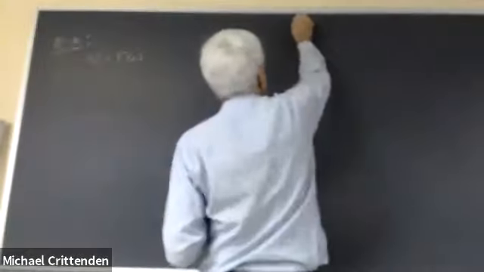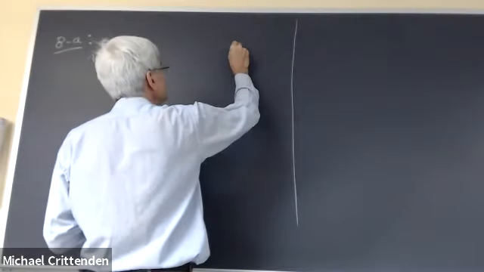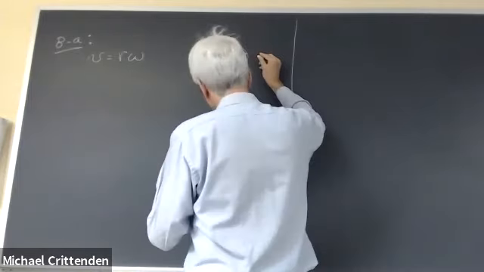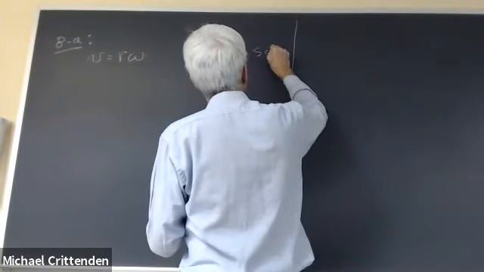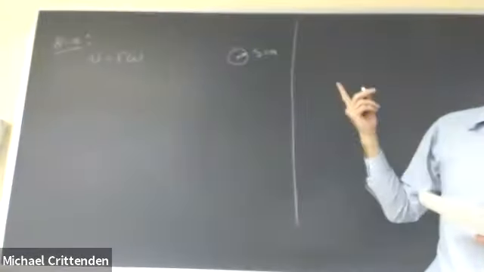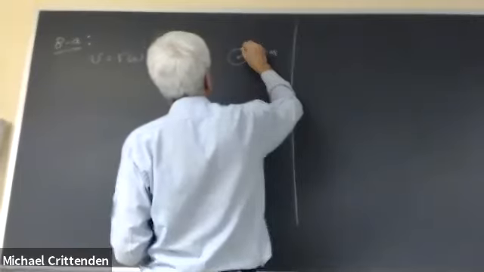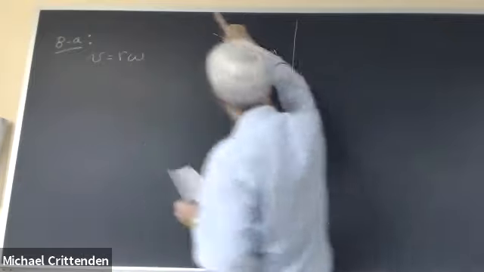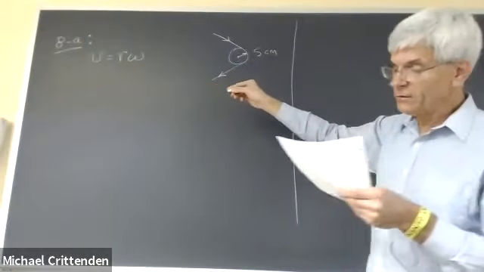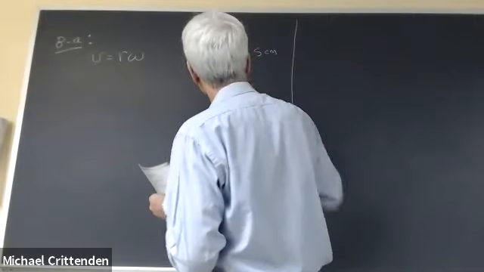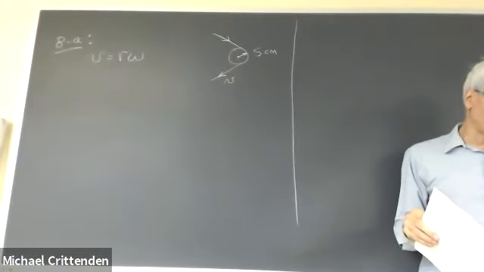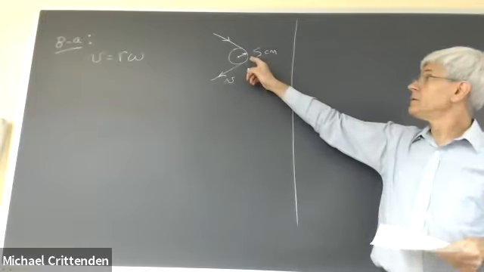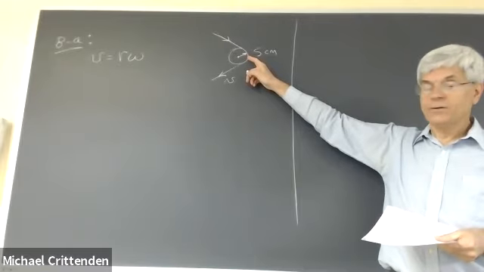v equals r omega. We're going to apply it to the little wheel. The little wheel has a radius of 5 centimeters. There's the belt going across the wheel. The belt is moving with a speed v, which we assume equals the speed of a point on the edge of the wheel.